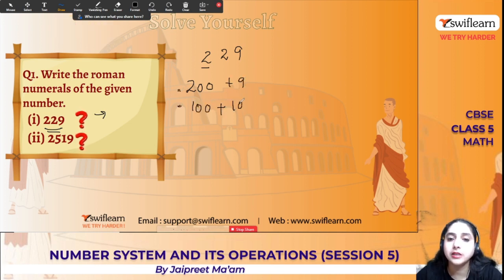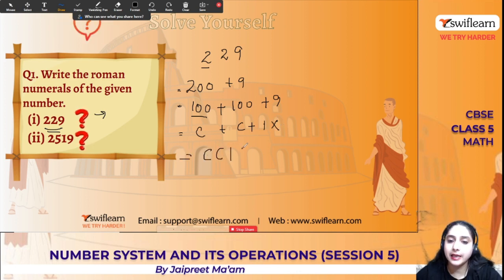We can write it in expanded form for the beginners. So 100 means C, 100 means C, and 9 means IX. So we will write it as CCIX. So 229 we can write in Roman numerals as CCIX.